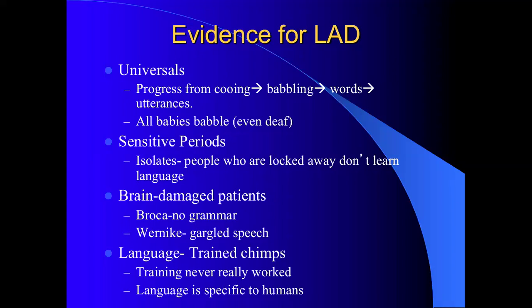And Jeannie was locked in the basement for the first decade plus of her life. Now, I said the sensitive period for language is the first 6 years of life, typically, right? But she was locked away maybe 12 years or so. And then she was discovered. And when she was discovered, she had no use of language whatsoever.